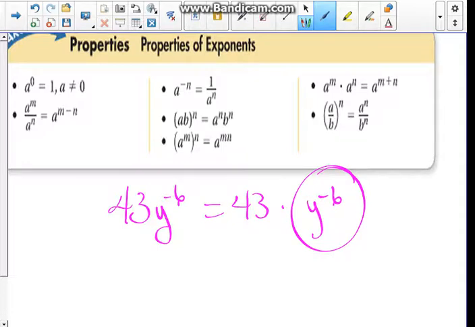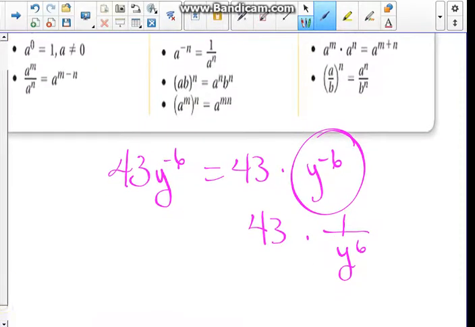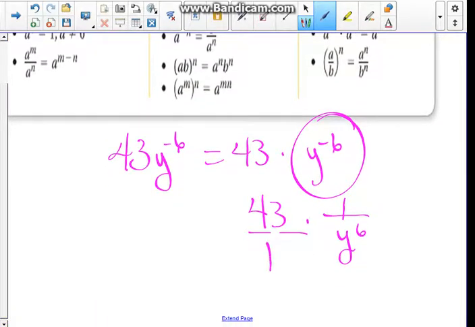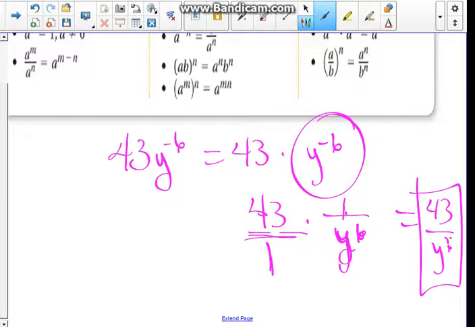That's equal to 1 over y to the 6th power times 43. And we need to multiply those back together. So 43 times 1 is equal to 43. And 1 times y to the 6th is equal to y to the 6th power. So this becomes 43 over y to the 6th.